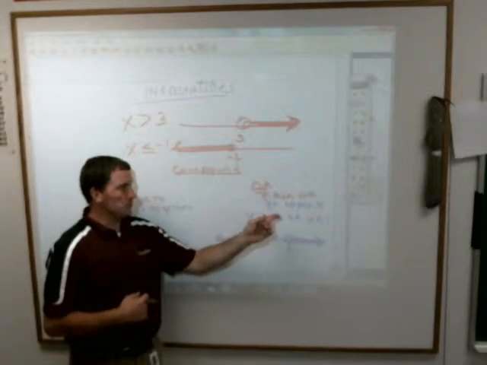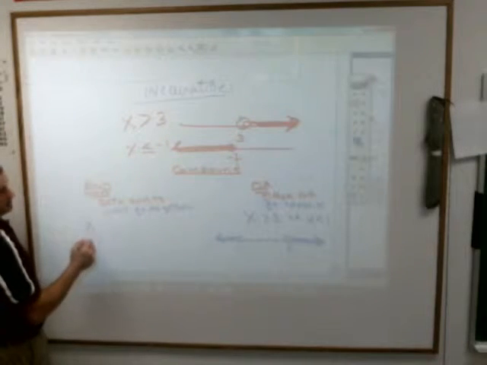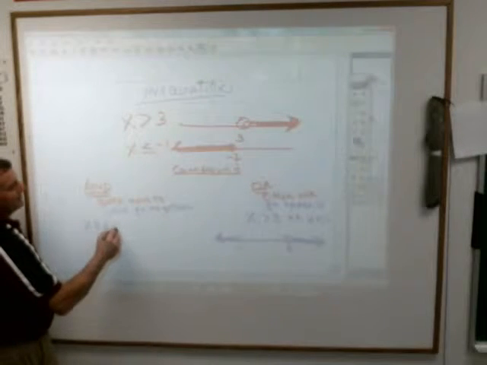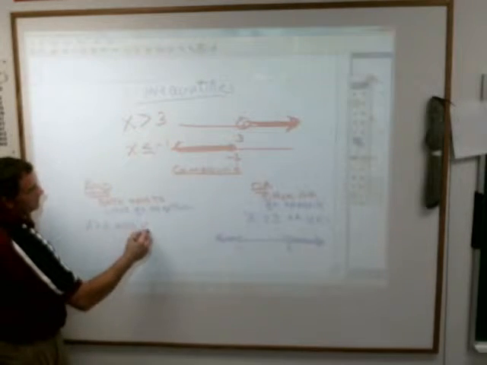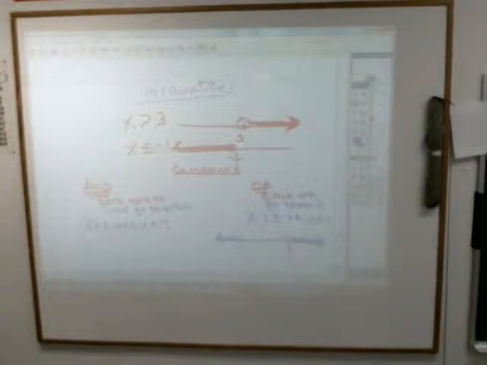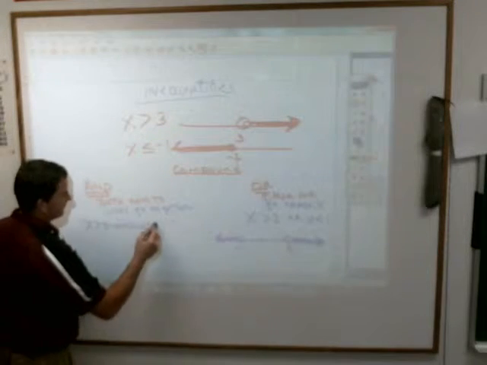If I changed that to an "and" problem, how about this? Gabe, can you tell me a number that is greater than 3 and less than -1? Okay, that would not be possible. You couldn't do that.